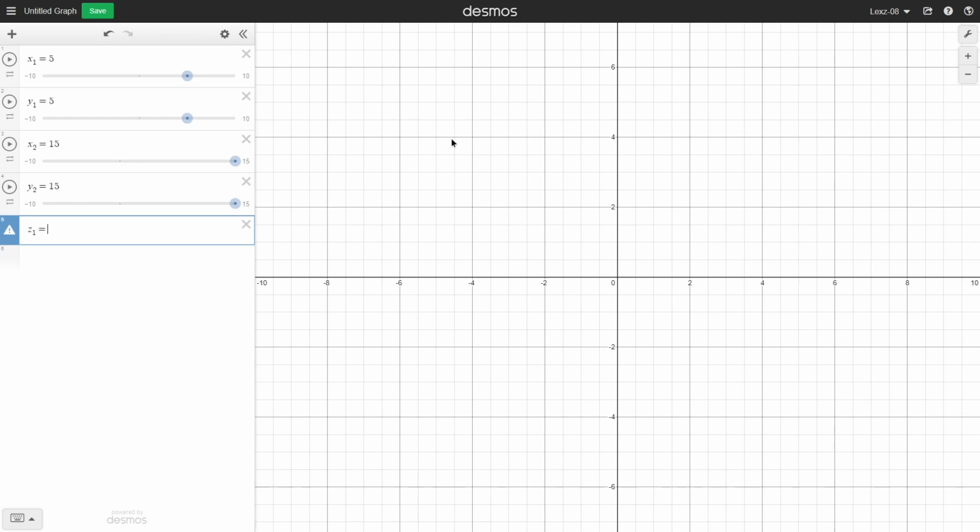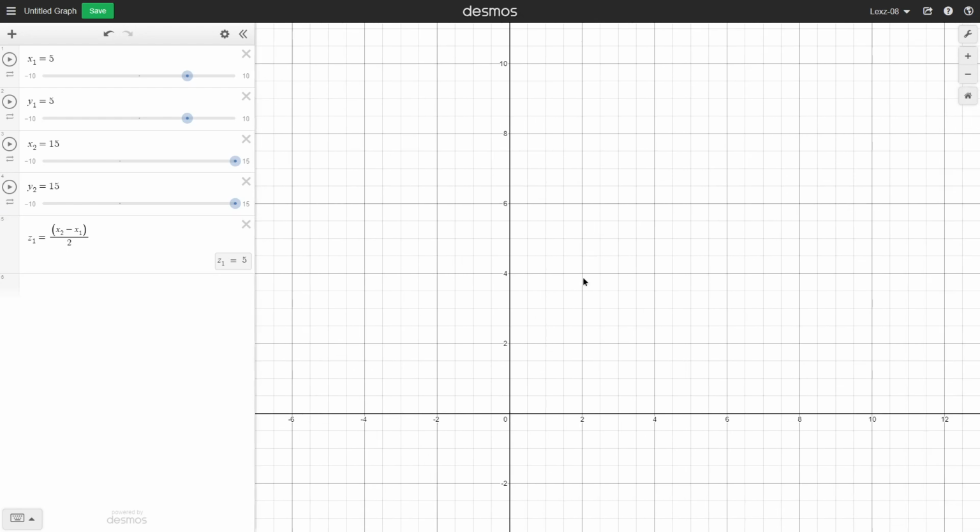You want to set this to x2 minus x1, then divide that by 2. That actually gets the length of the base, divides it by 2, and then sets that to the middle point.